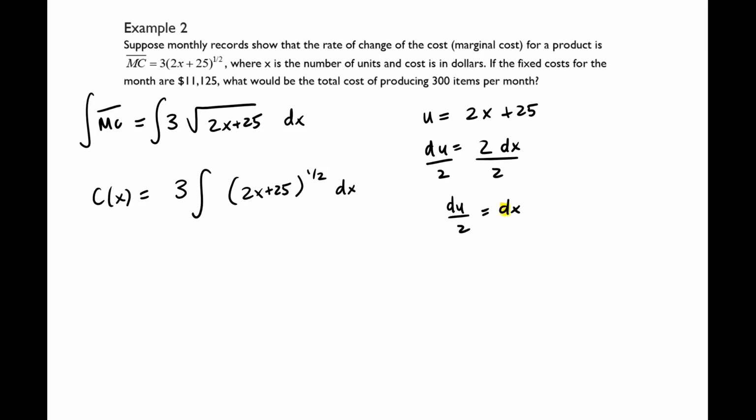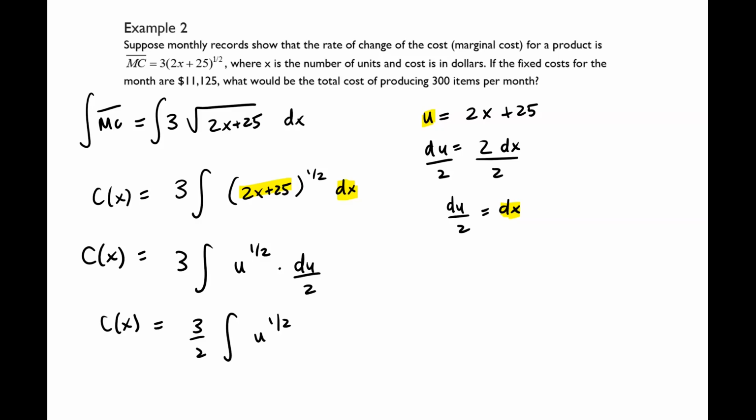So we can make this substitution there, and then also replace u here. So c of x will equal 3 times the integral of u to the 1/2 power times du over 2. And I'm just going to pull out the 1/2. So we have 3/2 times the integral of u to the 1/2 power du.